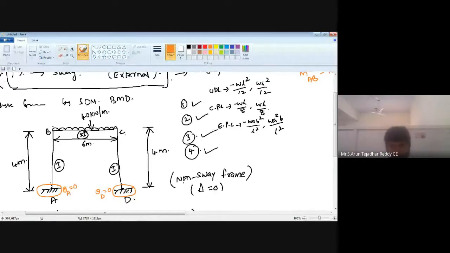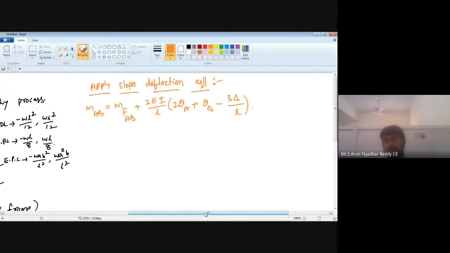Write down here, theta A is 0 because it is fixed, and delta is also 0. Why? Because it is a non-sway frame. Already we discussed previously the difference between sway frame and non-sway frame.